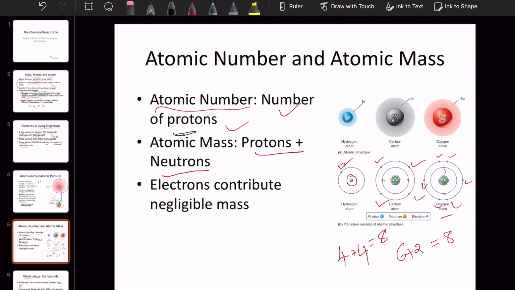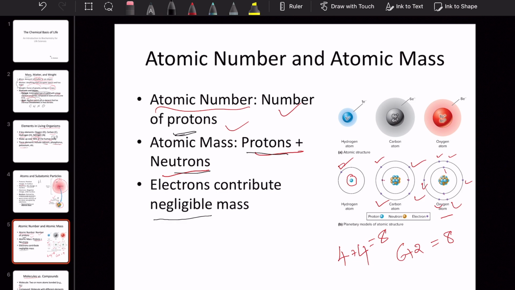But atomic mass is protons plus neutrons. We don't count electrons because electrons contribute negligible mass. It doesn't count for that.